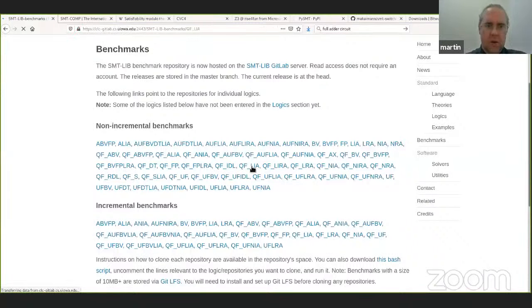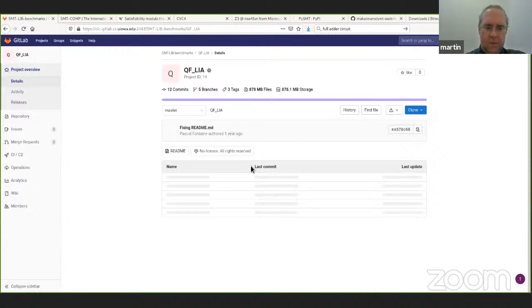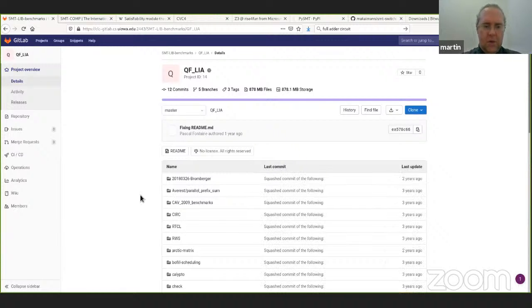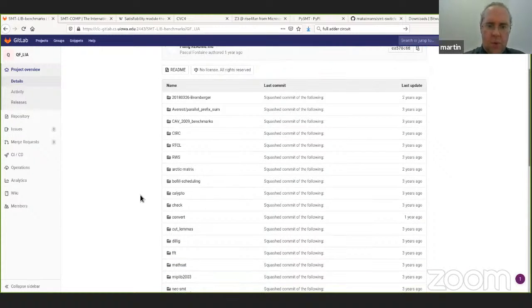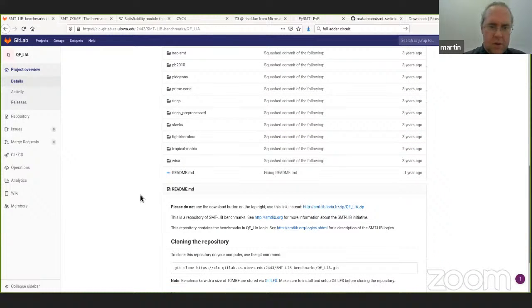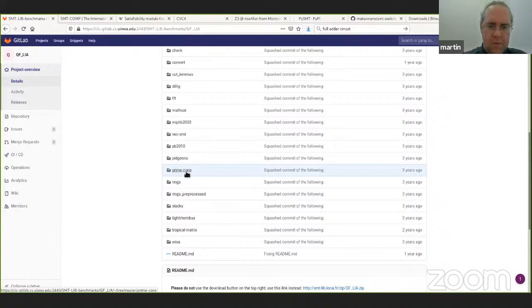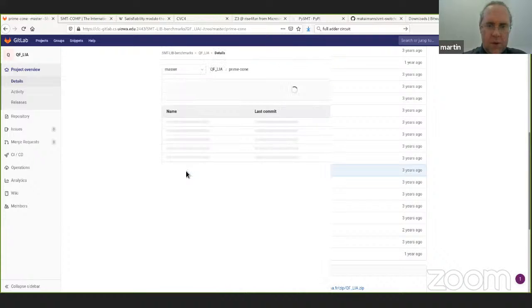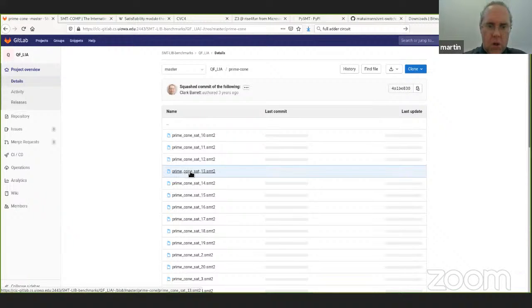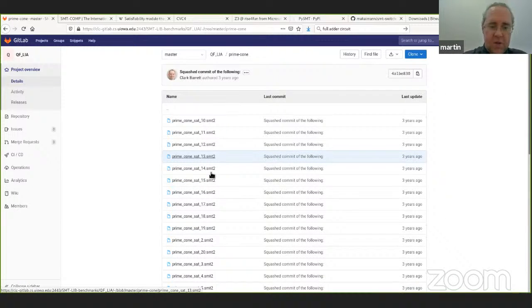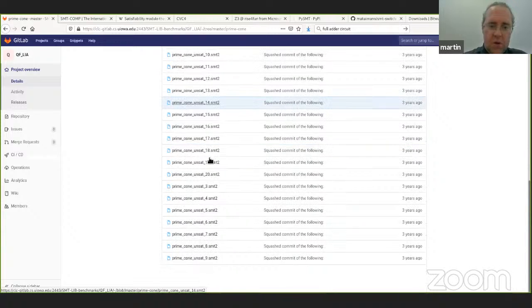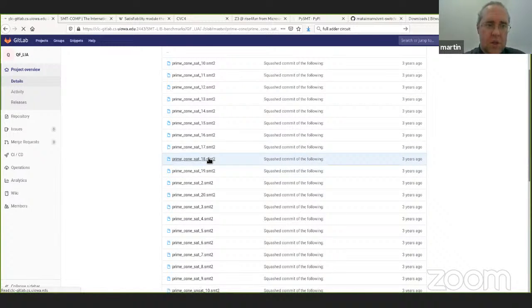You click on this, it takes us through to the Git repository, and within that we'll see a whole bunch of directories. I wonder what this one is. Prime. And this contains just a bunch of SMT2 files.